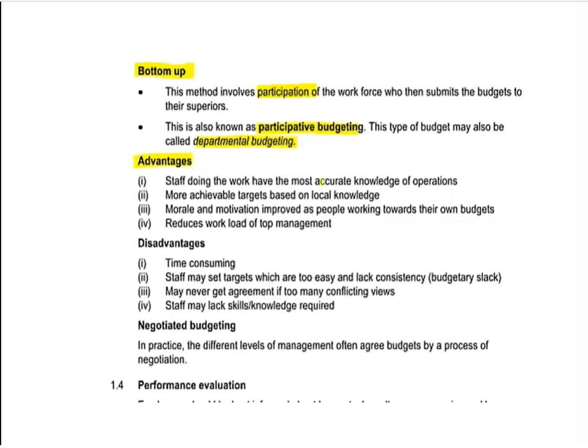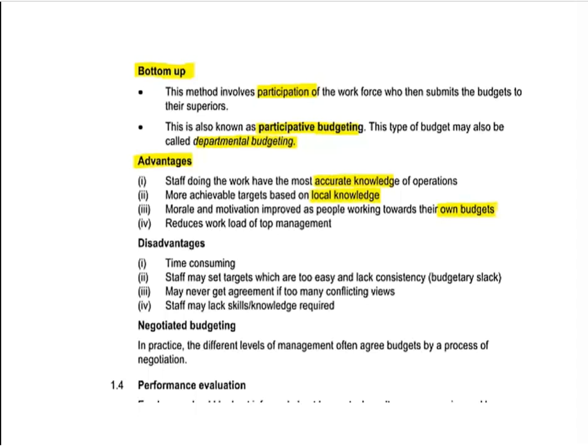If you're doing the work on the ground, then you should have accurate knowledge of what's possible, whether or not the machines are capable of producing what the textbook says. You also know the local market, so how realistic it is to increase sales to existing clients, etc. People have much more faith and much more acceptance of a budget that they have set because you want to show that you were right and that it is achievable.